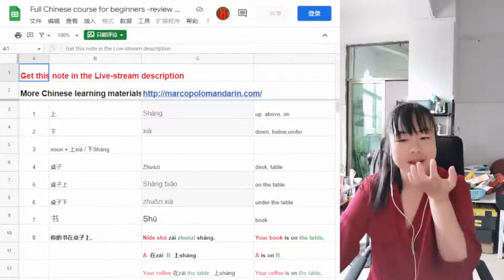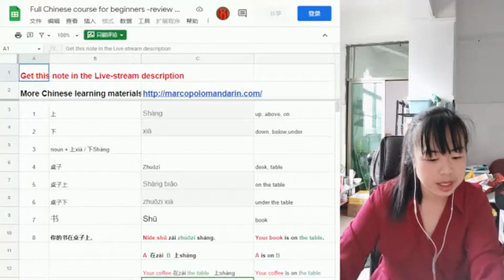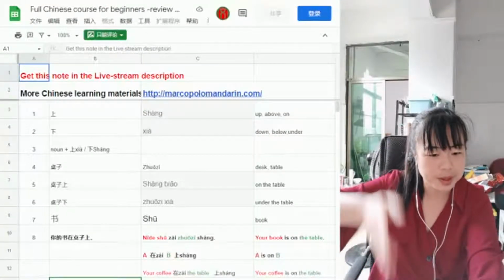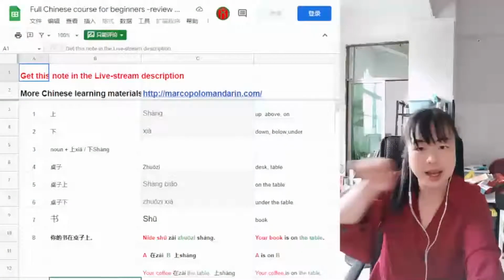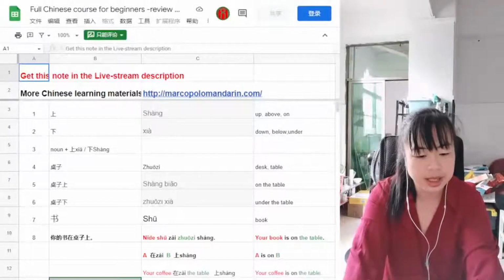Step 3. Now, how do you say the coffee? 你的. Okay, I type in column B. So 你的咖啡.